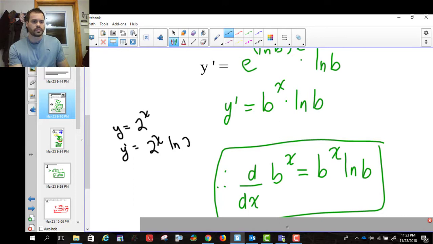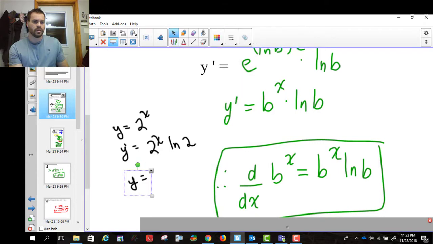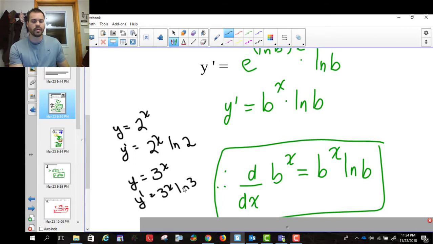If it was 3 to the x, then again, it would be 3 to the x ln 3. So whatever the base is, you have to put ln of the base beside it. So that's the exponential derivative.